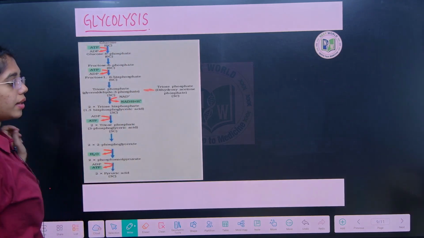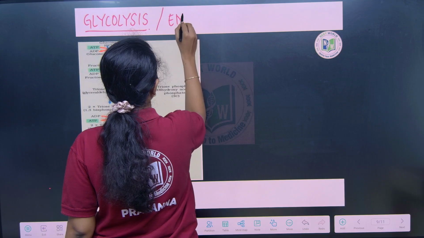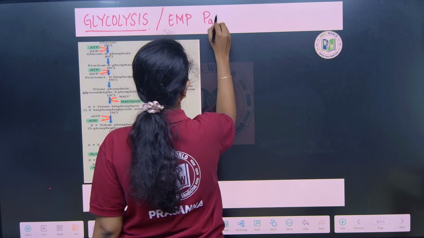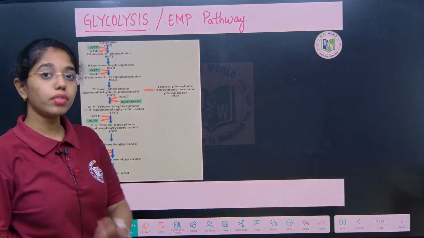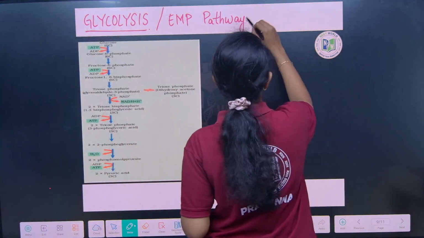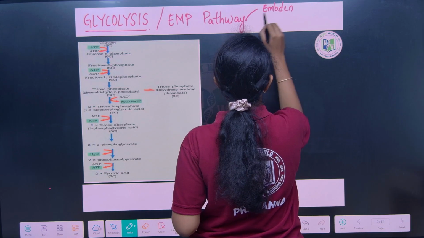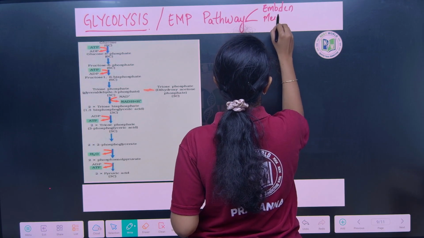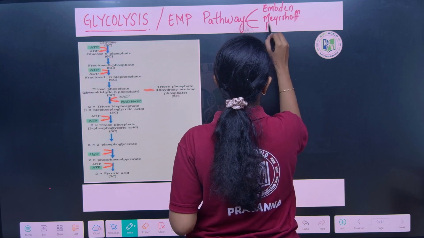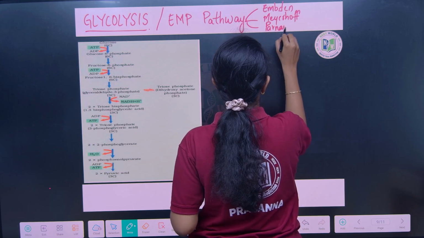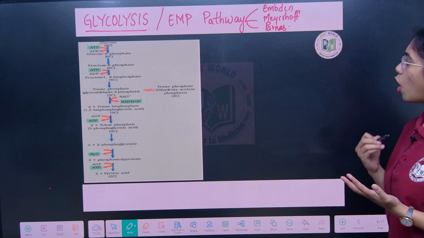Glycolysis is also addressed as the EMP pathway, named after three scientists: Emden, Meyerhoff, and Parnas.